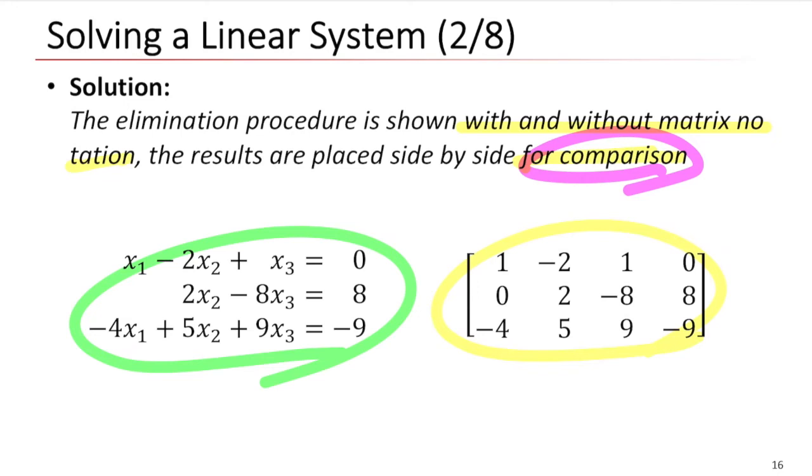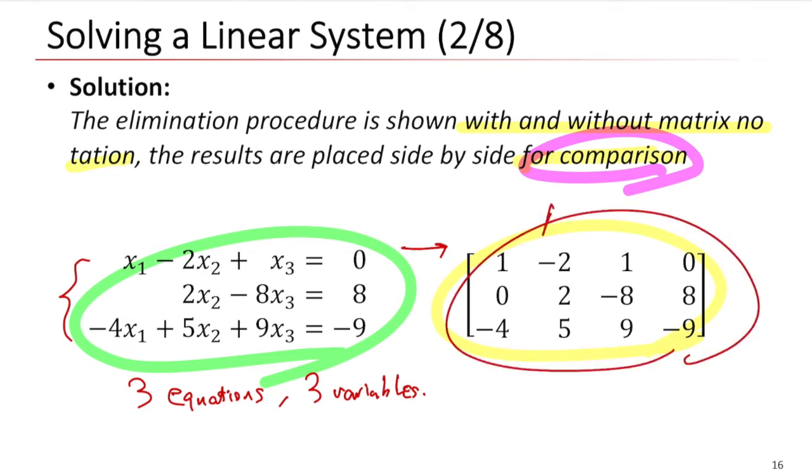Okay, so let's start. First of all, we have 3 equations and 3 variables, right? So what is the augmented matrix of this linear system? Like this, right? So this is the augmented matrix of this linear system.